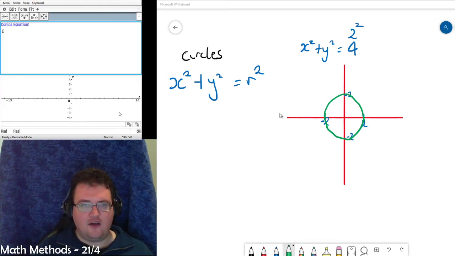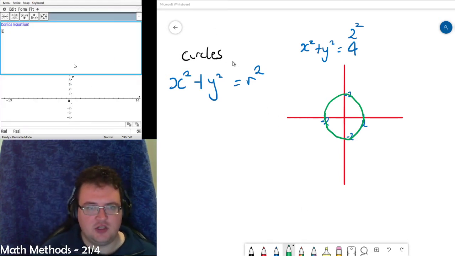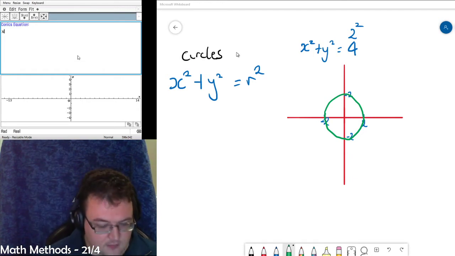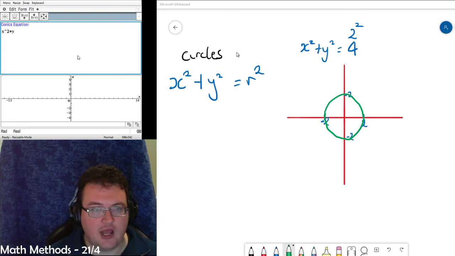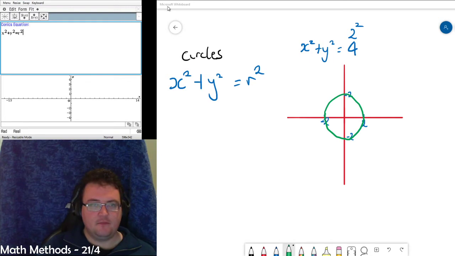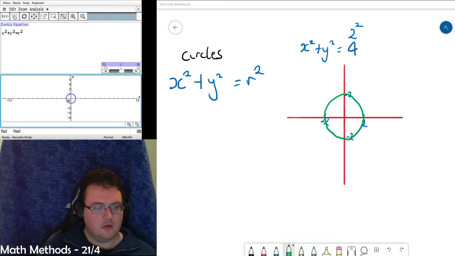Alright? And you will have a conics equation, and what we can do there is enter x squared plus y squared equals r squared. And then we can press our variable button, and it will give me a proper circle.